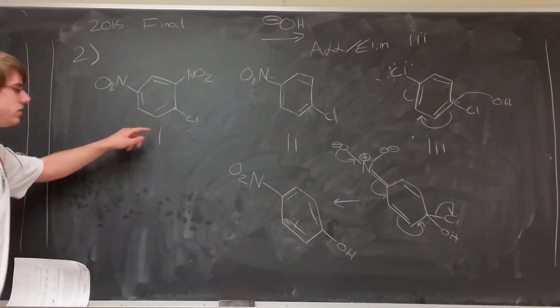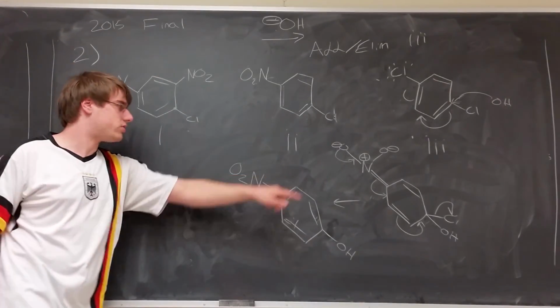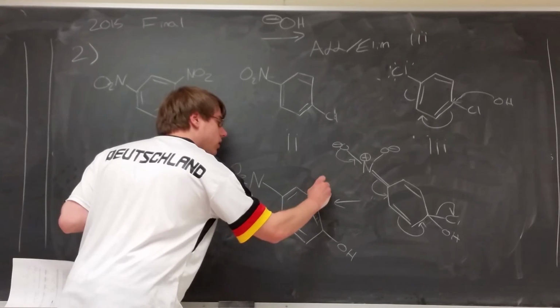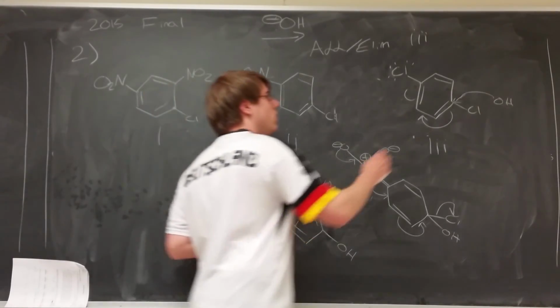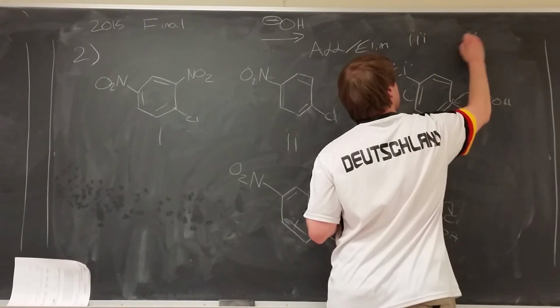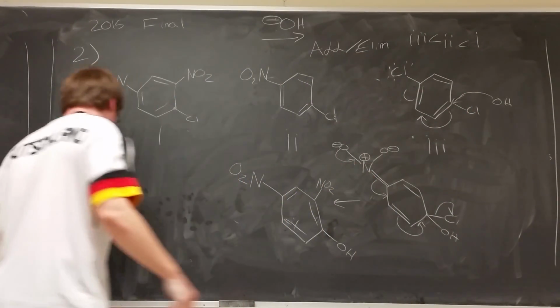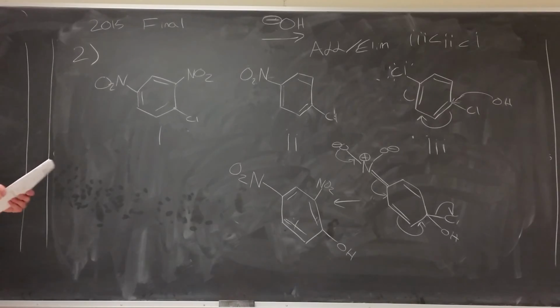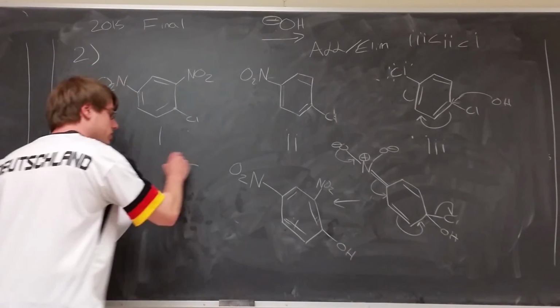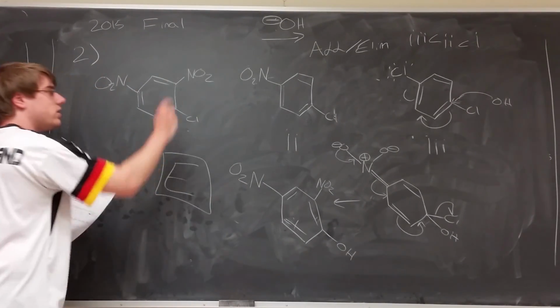And with 1's case, it would just be this, but now there's an NO2 over here as well. So who is the best? 1 is the best, 2 is in the middle, and 3 is the worst because it can't afford any resonance to your intermediate. And so that gave you answer choice E. That's 3, 2, 1.